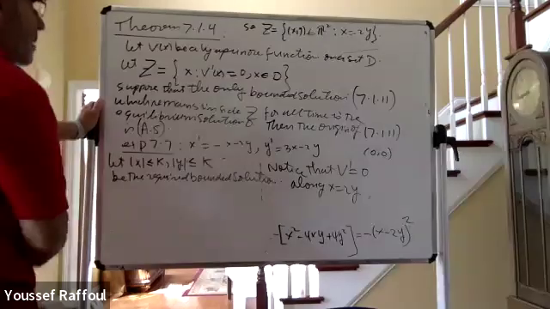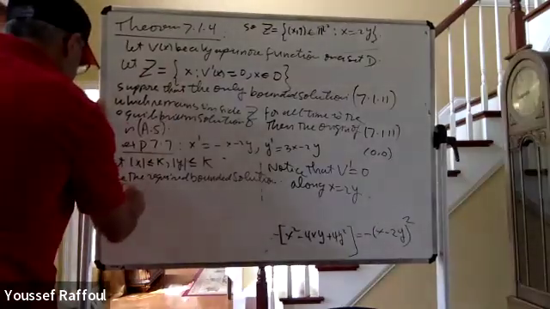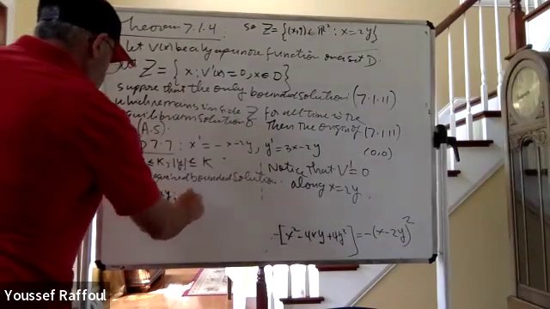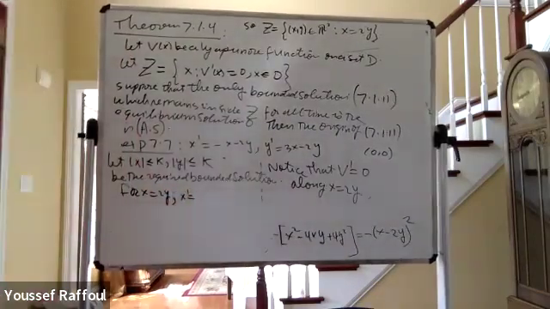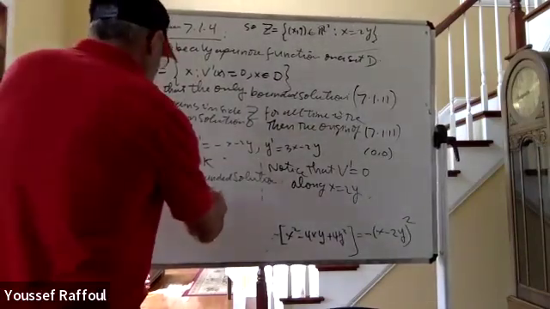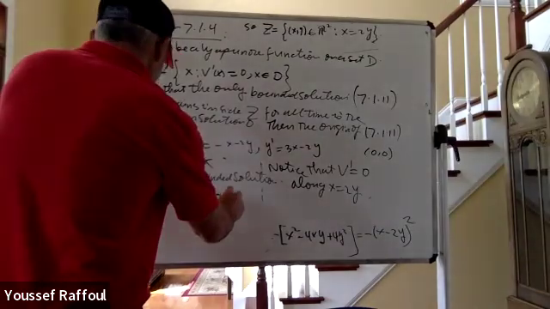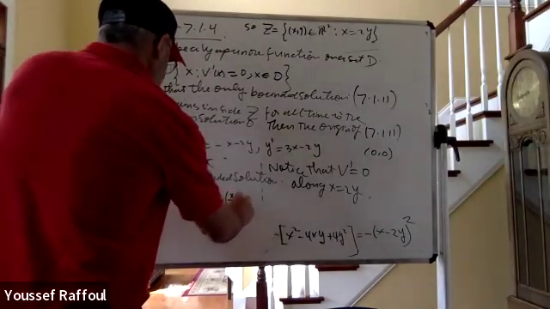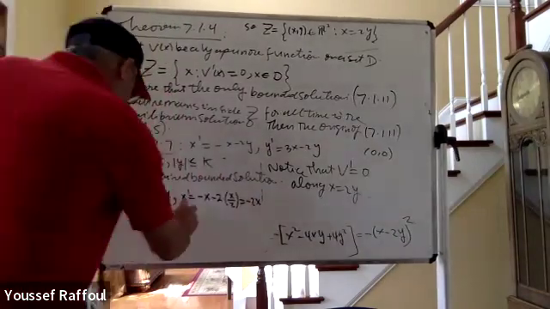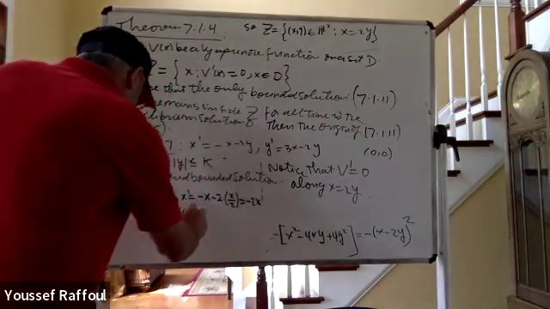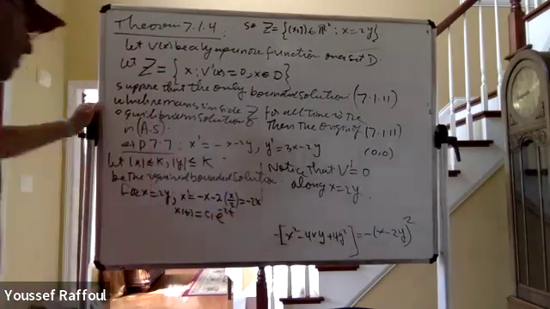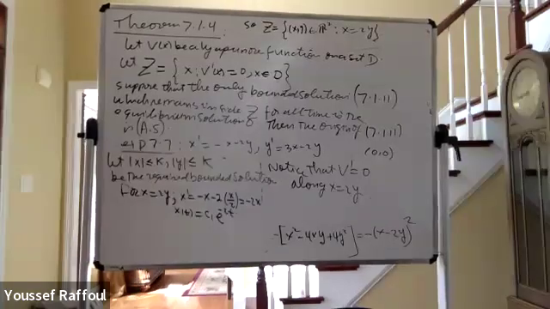Now, for x equal to y, what is x prime? x prime is minus x minus 2 times x over 2. This is minus 2x, which has the solution x of t equals c1 e to the minus 2t. You see that?